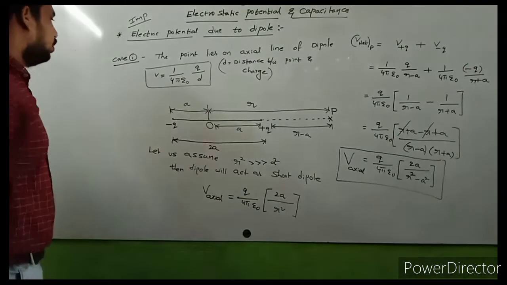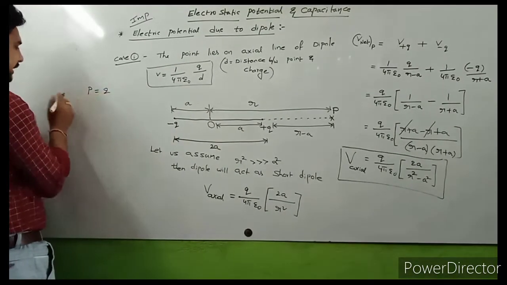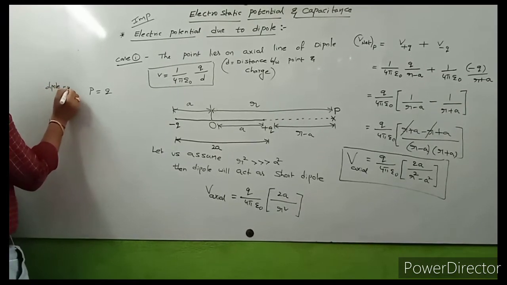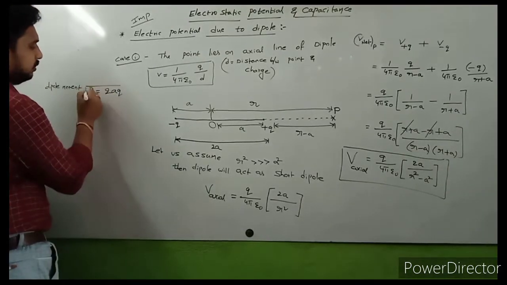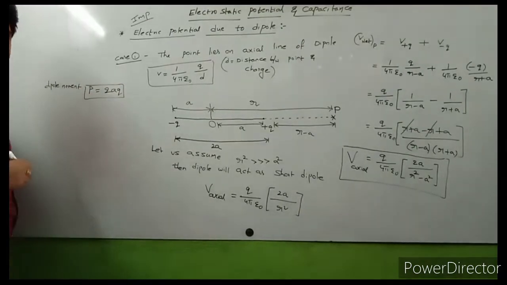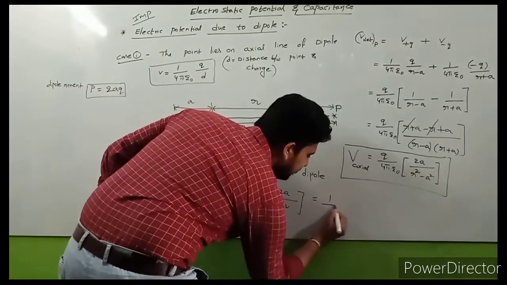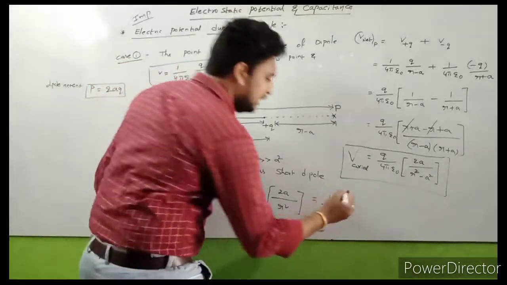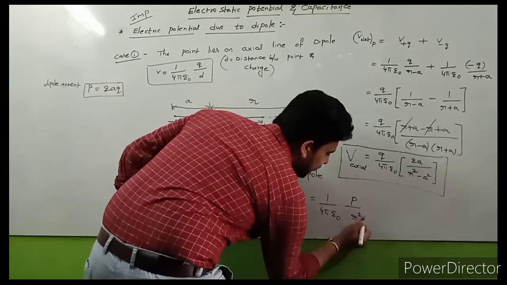Observe carefully. You know the dipole moment formula. The dipole moment P is equal to 2aq. That means Q into 2a can be written as P. So 1 by 4 pi epsilon naught into P by R square.